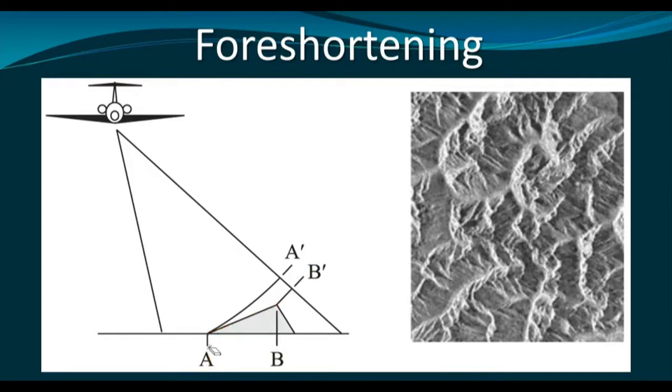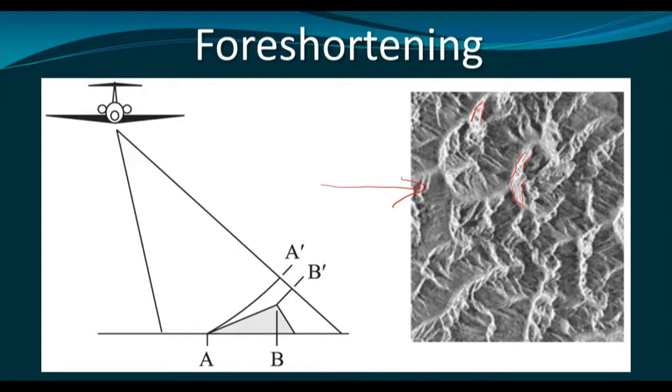And as you can see in this image, the terrain has been illuminated from this direction, and the foresides of those slopes have been shortened.